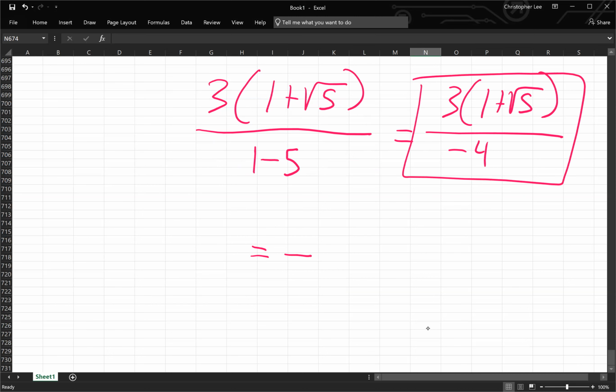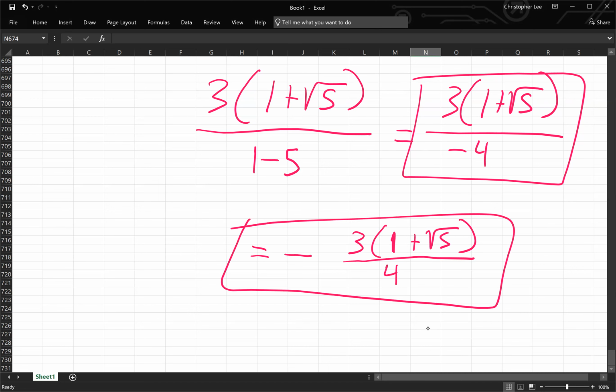But if we're going to be politically correct, it should be like this. 3 times 1 plus square root of 5 all over 4. Oh, the negative outside. Yeah, yeah. I would take any one of these as an answer. So I leave it up to y'all, however y'all would want to do it.